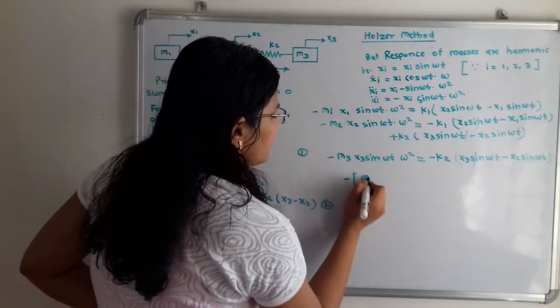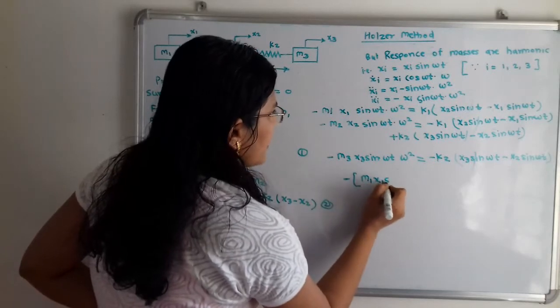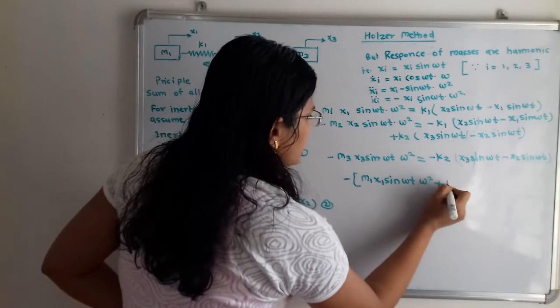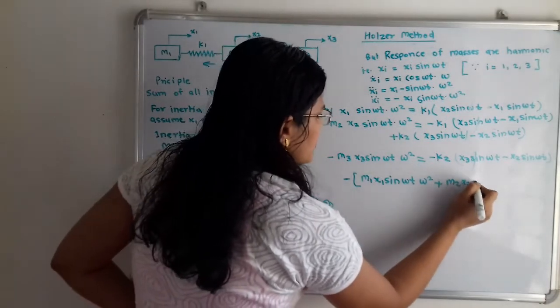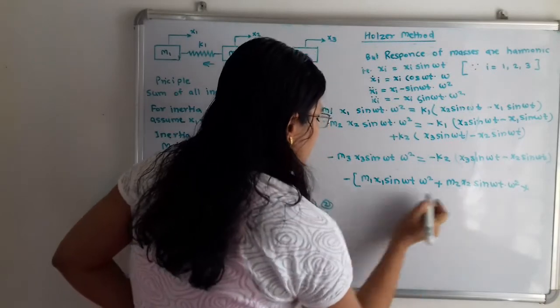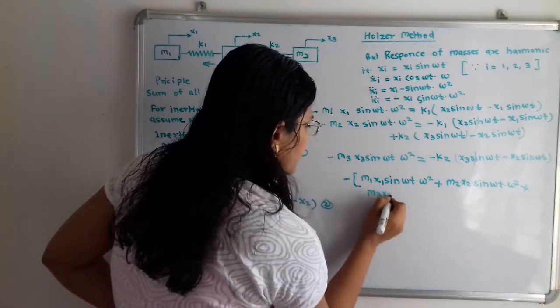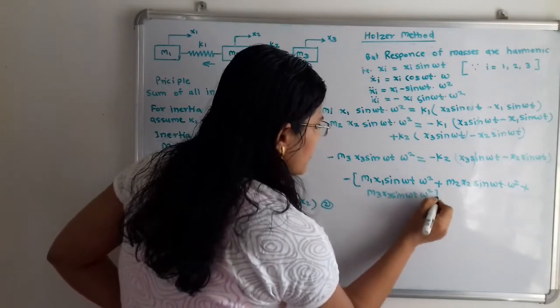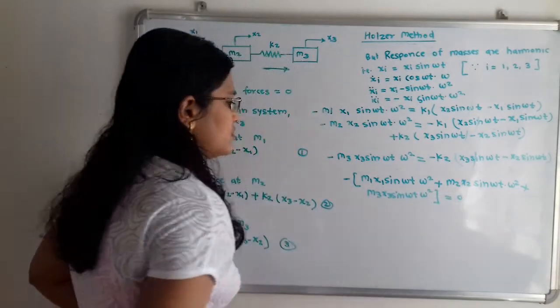That is m1 x1 sin of omega t omega square plus m2 x2 sin of omega t omega square plus m3 x3 sin of omega t omega square is equal to 0.